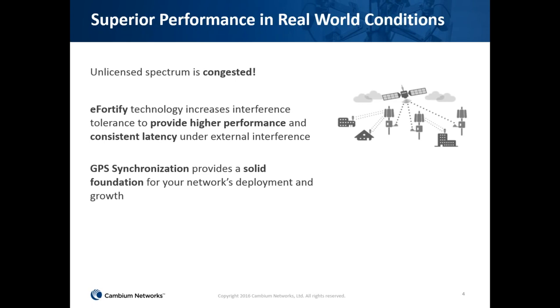Essentially, with a GPS sync setup, because your access points are all transmitting at the same time and you avoid that self-interference issue, you're able to reuse the same channel back to back. So of the four 90-degree sectors, the two that are back to back to each other can each use the same channel.